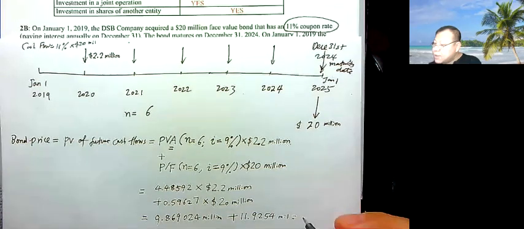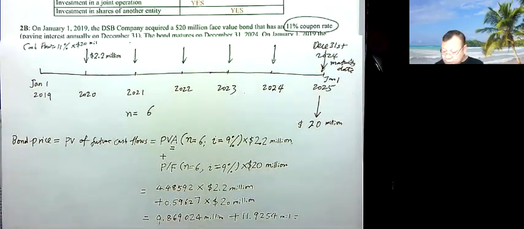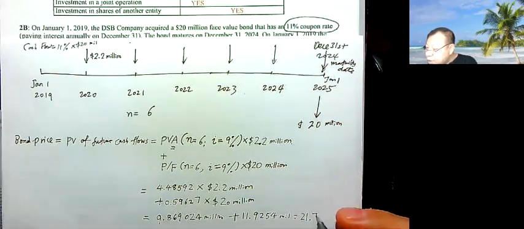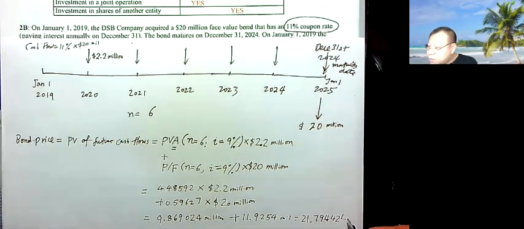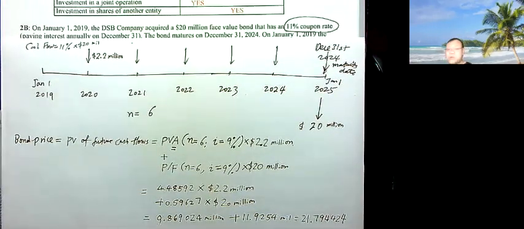So together, let's do this again. Together, I get 21.9794424. So that's my result, the present value.